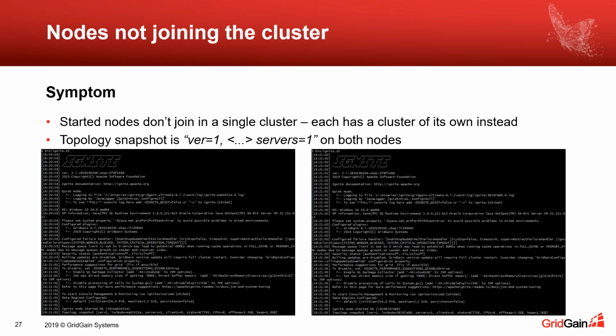So what does it mean? It means that both nodes haven't found any other nodes to connect to, and both have started a new cluster of version 1 for themselves, each cluster having only one server.